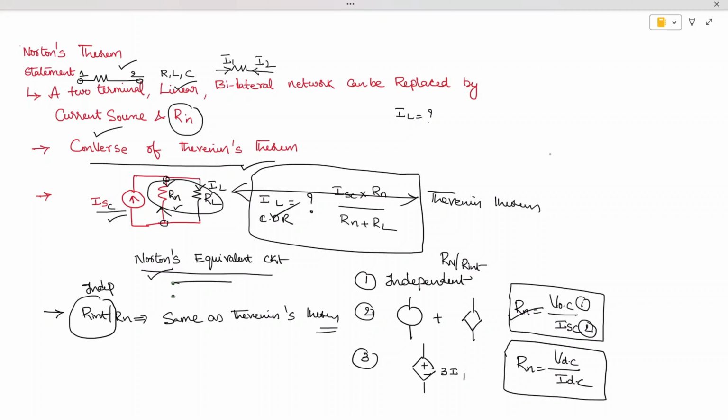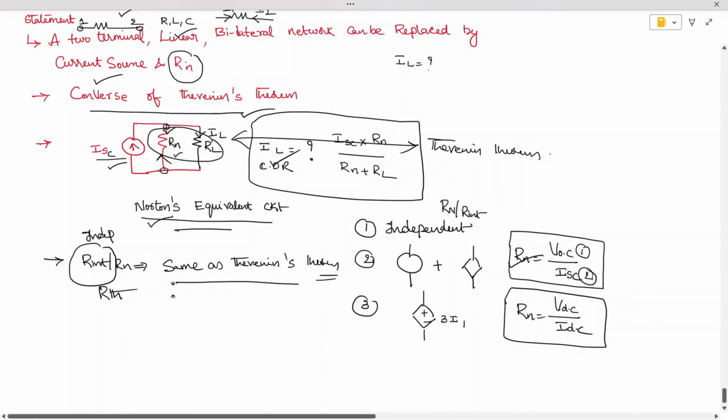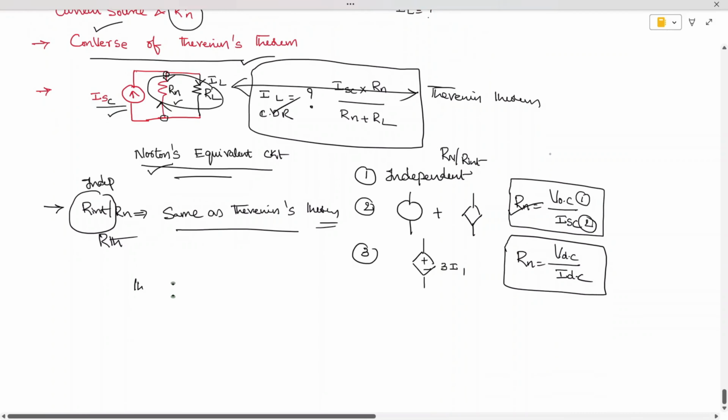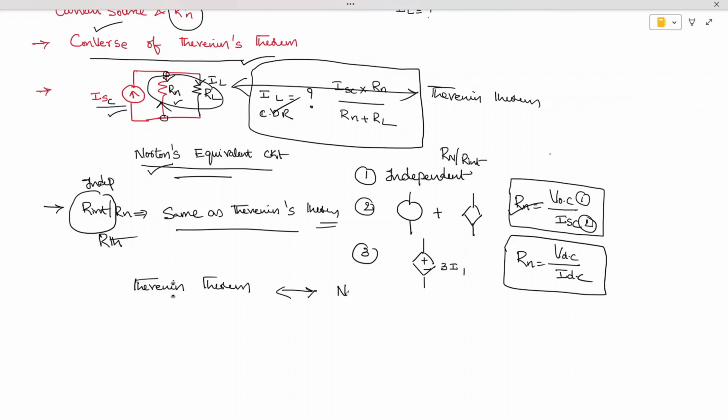So the procedure of finding R Norton, or R internal, or R Thevenin is the same as in Thevenin's theorem. Here I can say that Thevenin's theorem and Norton's theorem are basically the same, so if you understand Thevenin's theorem, then automatically you can understand both theorems. Very simple: here we have a voltage source, which is Thevenin's voltage source, in series with a resistor.